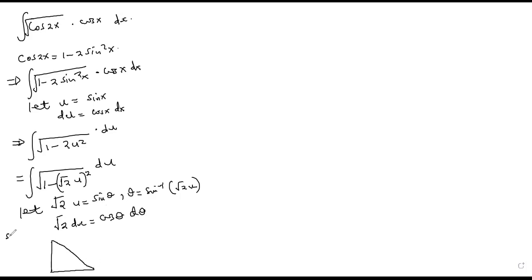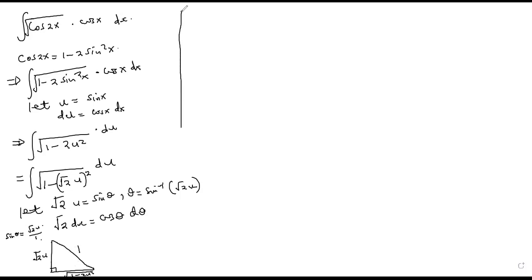We have sine theta equals root 2u over 1, as if it is over 1, whereby this is opposite and this is hypotenuse. So hypotenuse is 1, and this is root 2u. By Pythagoras theorem, to get the adjacent side, you get 1 minus this squared. So you are going to get the root of 1 minus 2u squared.